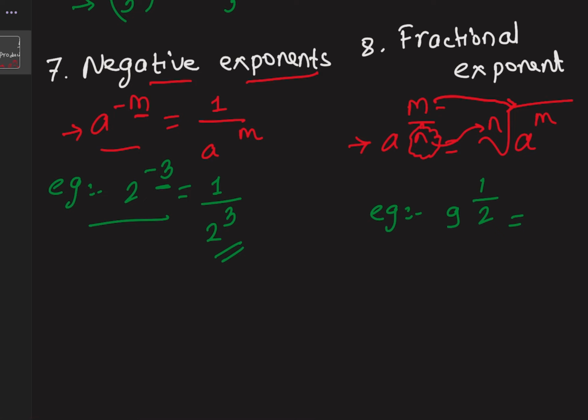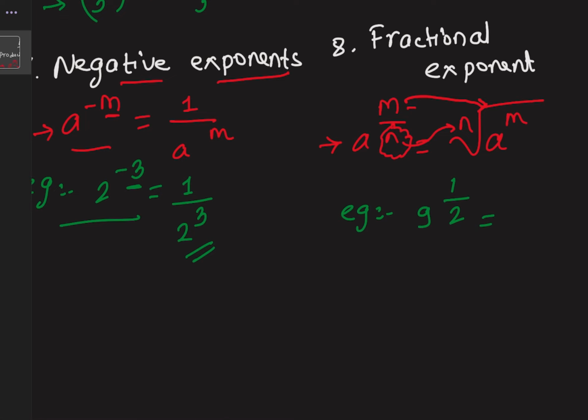So a to the power m divided by n can be written as the nth root of a to the power m. If we see the example, it will be more clear. 9 to the power 1 divided by 2: here 2 goes to the root and the 1 goes to the power of 9. So it can be written as the square root of 9 to the power 1.